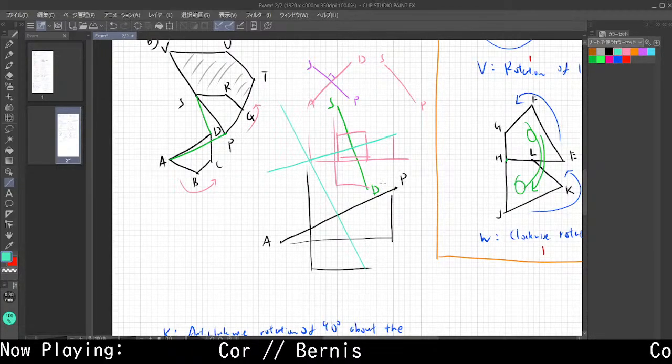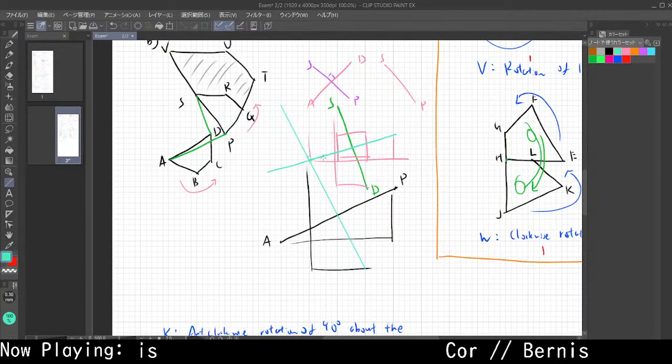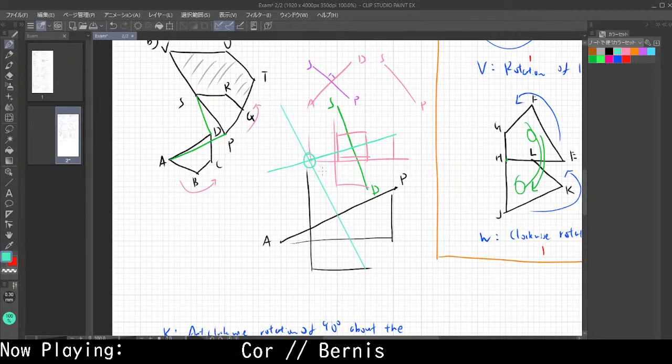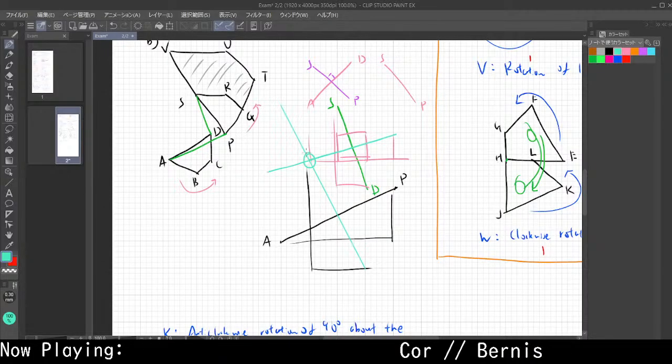So in this case, the intersection of your two perpendicular bisectors is this point over here. So just read the coordinate, and therefore the coordinates for this will definitely be your rotation center. You can find it this way.